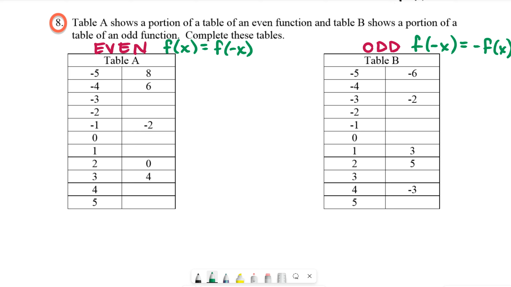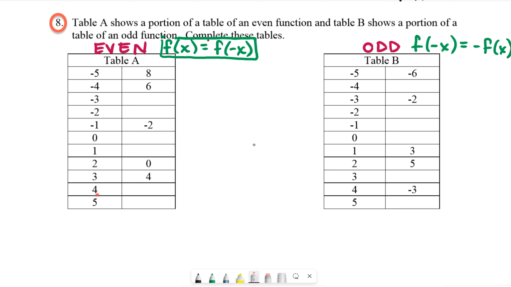Okay, let's fill this table out. So even function says the y values are going to be the same. f of x and f of negative x are going to be identical. So what we do is we need an x and a negative x. All right, so let's figure out what x and negative x we have. If we focus on negative 5, we need to focus on 5.